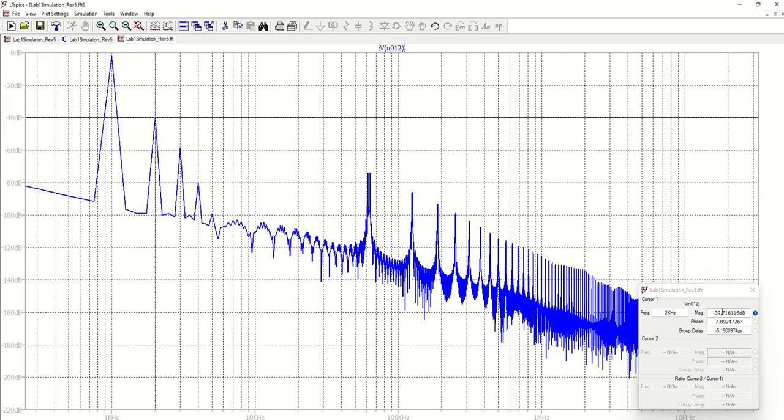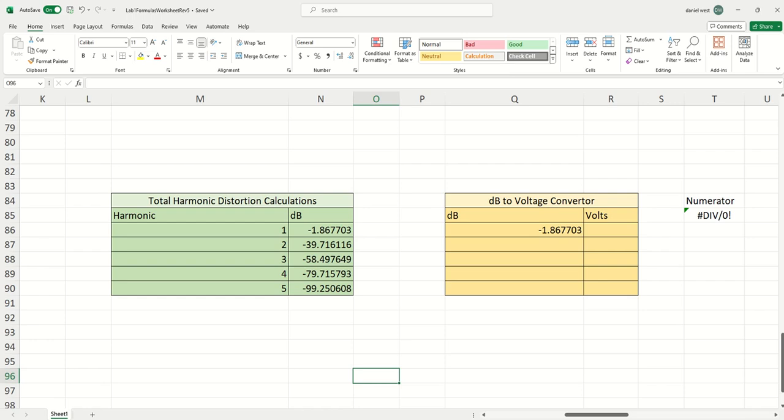This one's the negative 39.7, negative 58.49, and you just document it and then convert it.